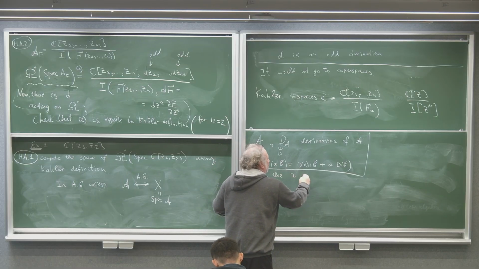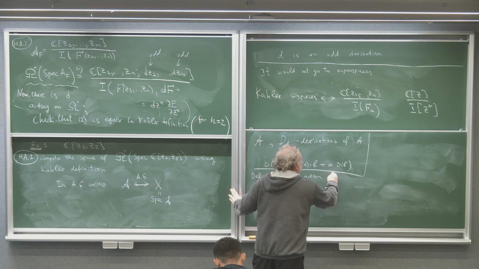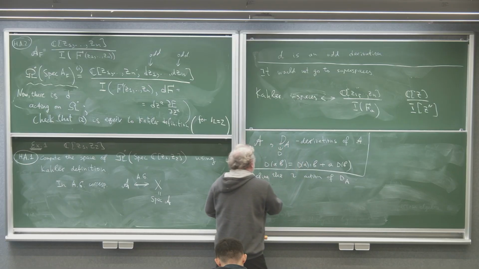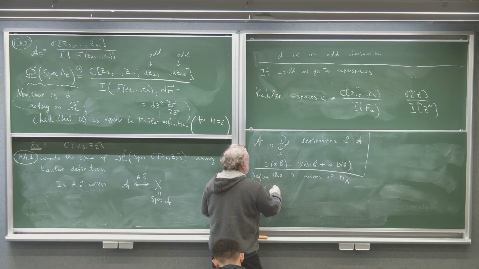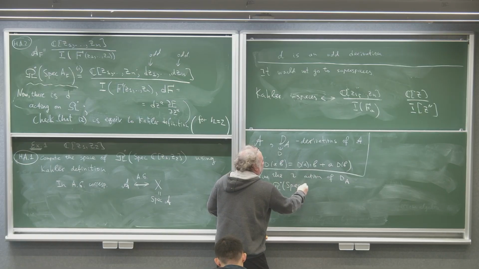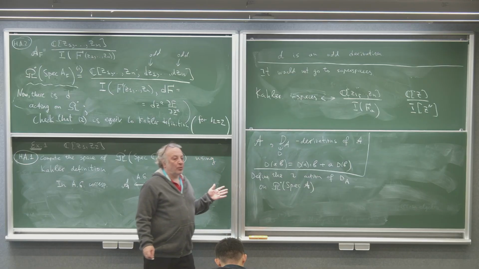Define the iota action of dA on differential forms on Spec A. So how can we define it?